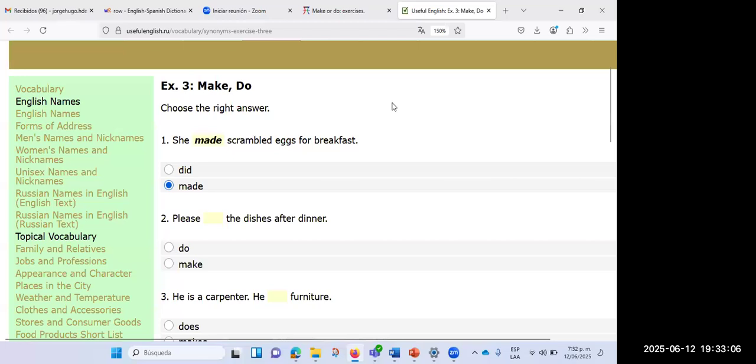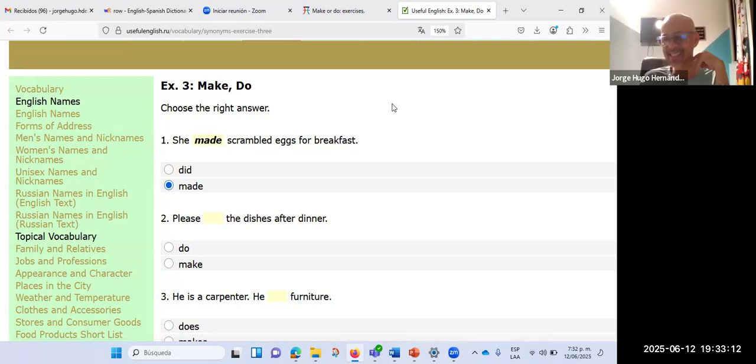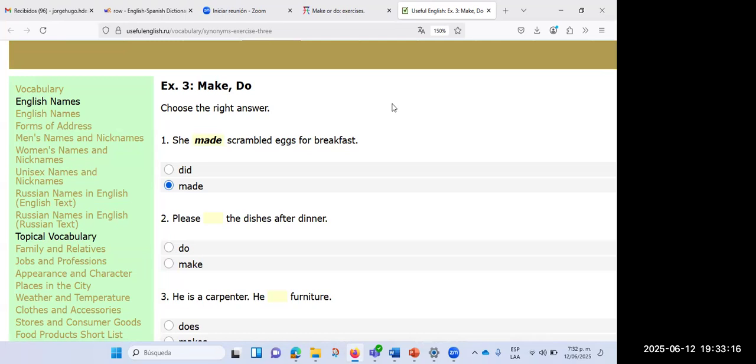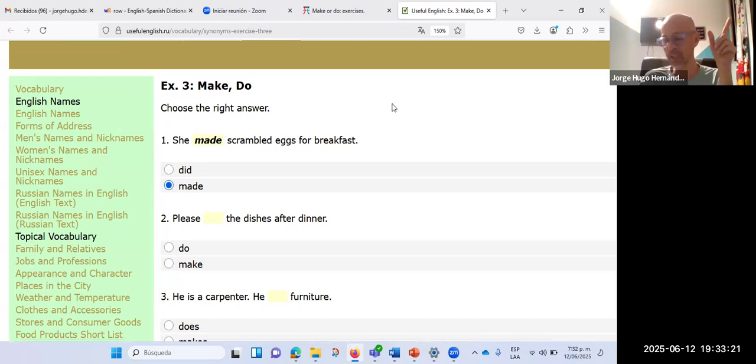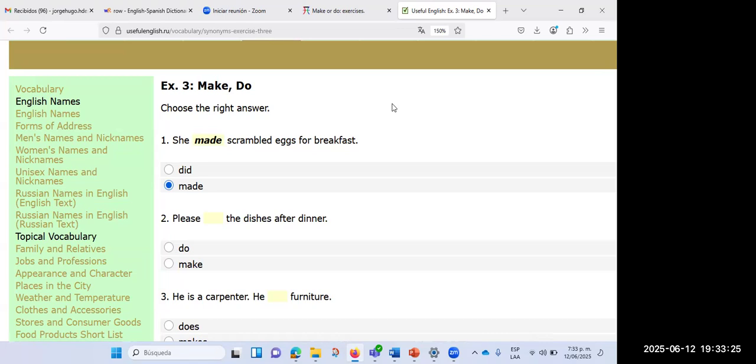And yes, chocolate, and some cookies that I did yesterday. Cookies? Yes, cookies. Okay. Cookies or cupcakes? Cookies. Okay, cookies. Okay, what about you, Ingrid?